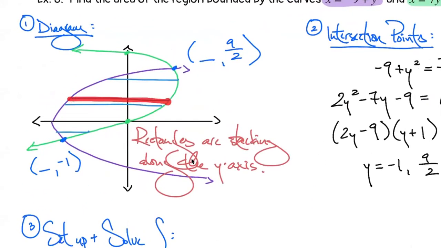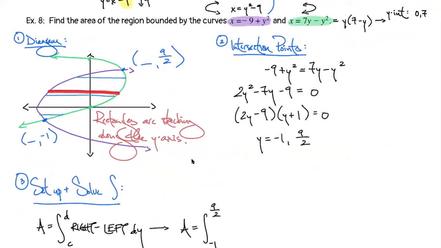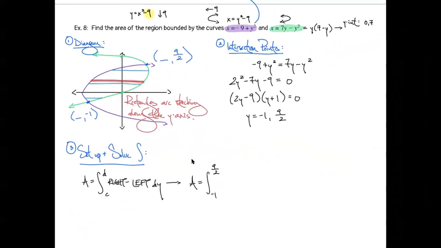If you go to one of your rectangles, you can say which function is on the right, which function is on the left. And it turns out that the green one is the one on the right and the purple one is the one on the left. So we can say 7y minus y squared minus -9 plus y squared.